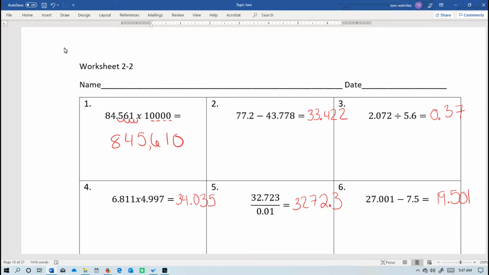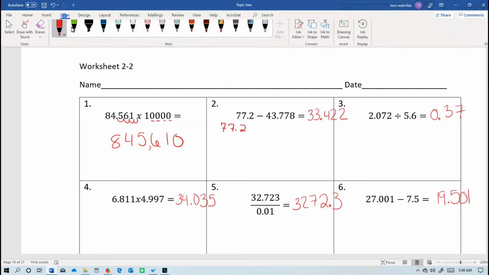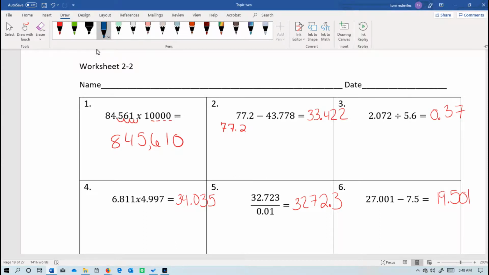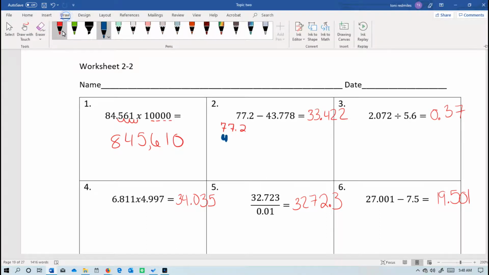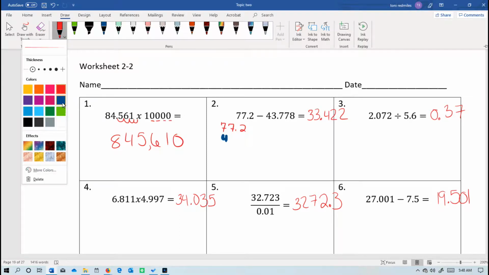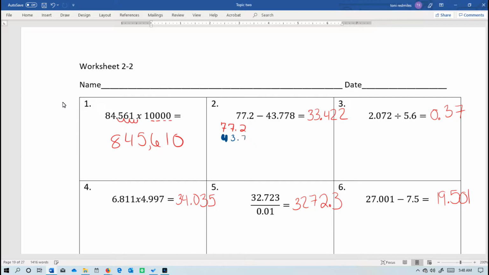Alright, for this one I need to line up. It should probably be in a different color. I should fill in some zeros. It'll make my life easier. I'm subtracting, so I'm going to borrow from here, 1.